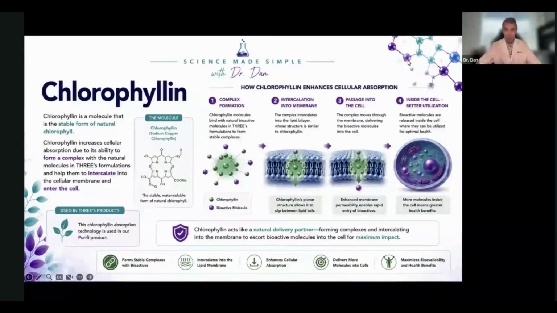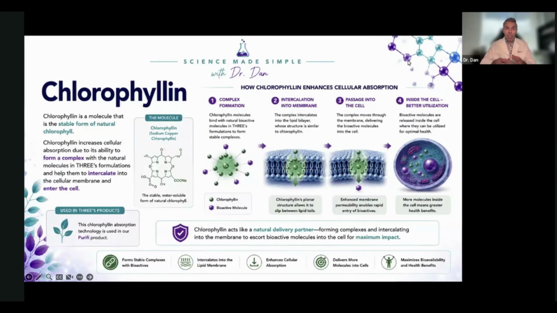Next, we use chlorophyllin, which is a derivative of chlorophyll. Chlorophyll is the molecule in plants that gives them their green color. Chlorophyll is vital for photosynthesis and a lot of other processes. But the structure that we use is called chlorophyllin, which is stable.